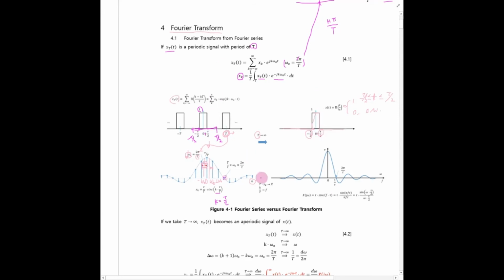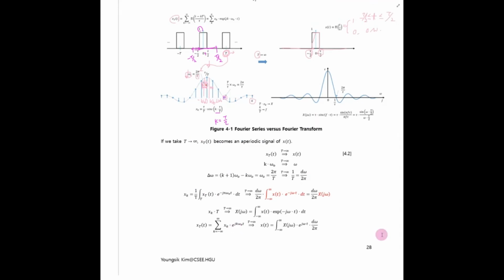But what about the spectral domain? Let's think about that. As we increase T, this spacing is smaller and smaller. If the period is large enough, the spectral domain seems like a continuous one. We would like to think about that behavior.